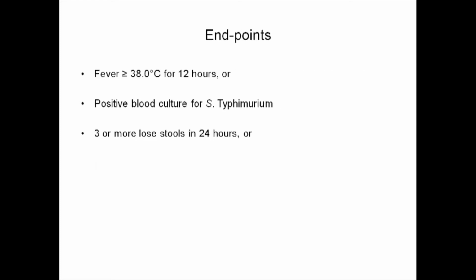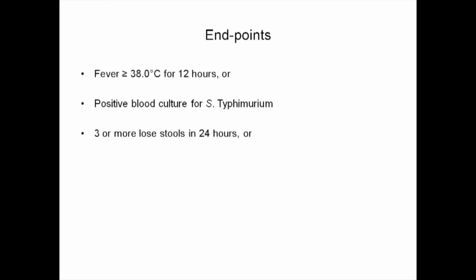And I think the other question is, what would the endpoints be? So I think we'd certainly want to borrow what the typhoid and the paratyphoid challenge models have already, so the fever parameter greater than 38 for 12 hours, or if we had a positive blood culture for Salmonella typhimurium. We just don't know at the moment whether there are these subclinical blood cultures occurring.